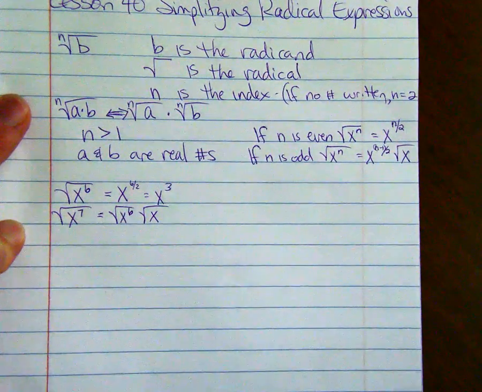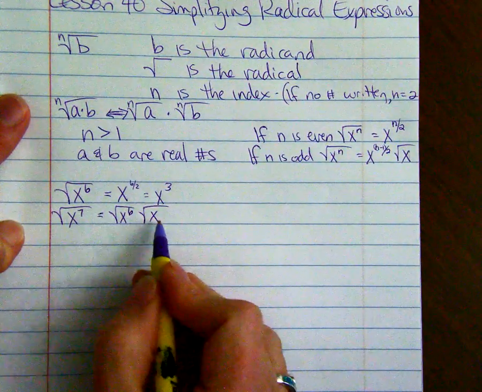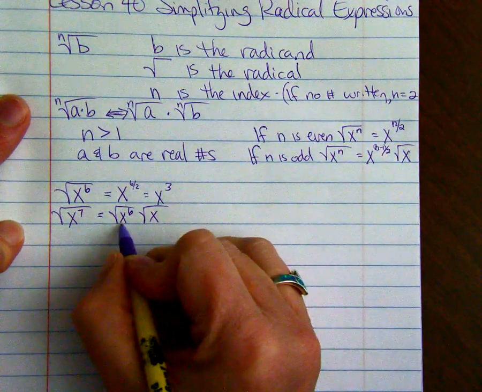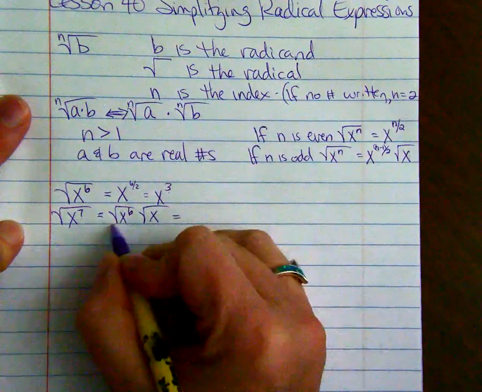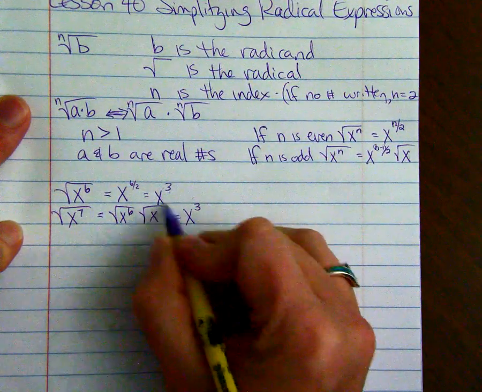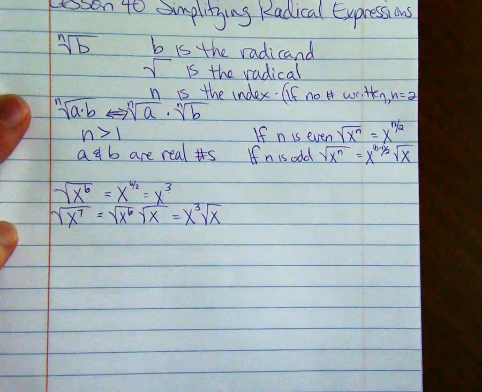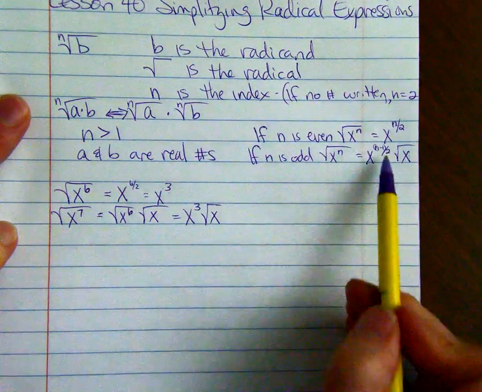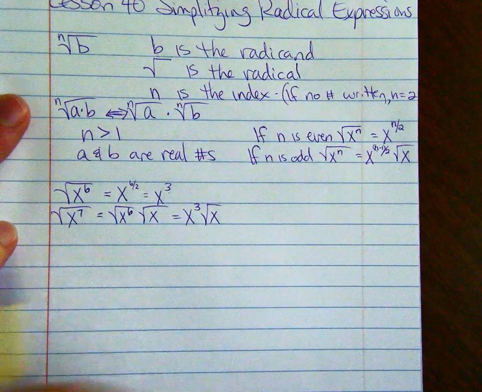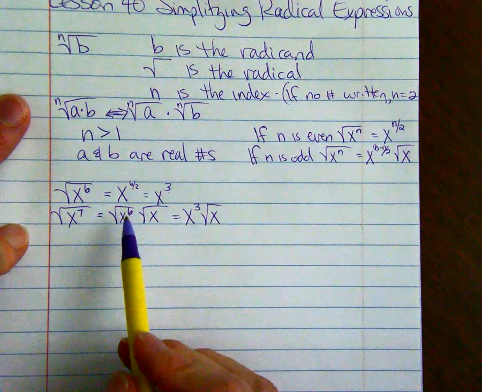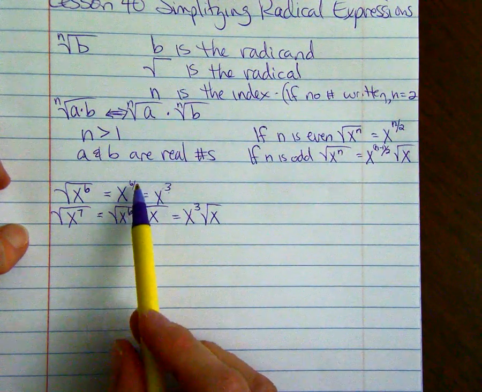You could break it up into the even number and then one more. The square root of x to the 6th, we just clarified, was x cubed, and we still have the square root of x left over. That's what this means here, to the 6 over 2.